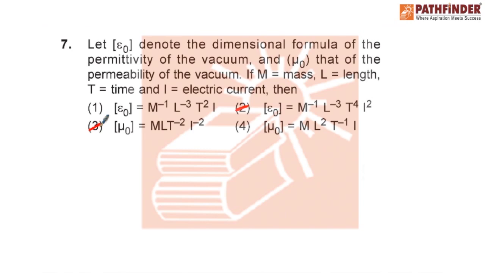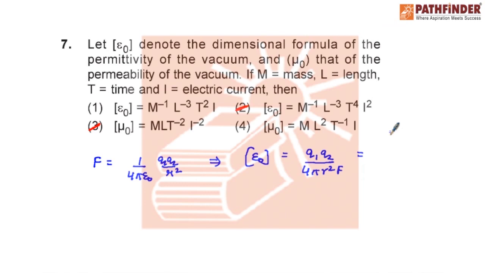If you do not know, I will just give you the working formula. We can use the equation for force between two charges as 1 upon 4 pi epsilon naught q1 q2 by r square, and from here the dimension of epsilon naught is equal to q1 q2 upon 4 pi r square F. Now 4 pi is dimensionless.